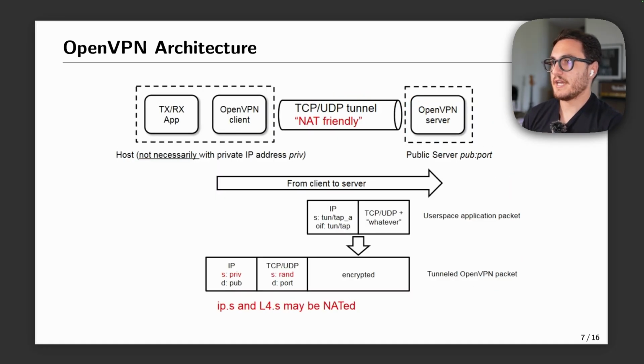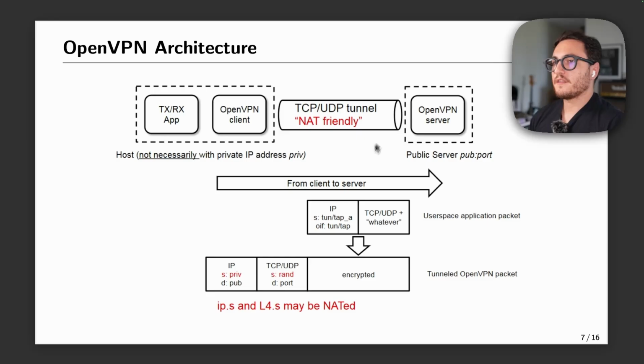So this is what is going to happen. We have an application on the client, which can be like the ping command, can be whatever, netcat. Then we have the OpenVPN client that created that TUN virtual interface. The app is going to send traffic to the user space end of that interface, that the OpenVPN client then encrypts and ships over into the tunnel until it reaches the network interface card of the OpenVPN server, that sends it to the TUN interface, decrypts it, and ships it to the end host.